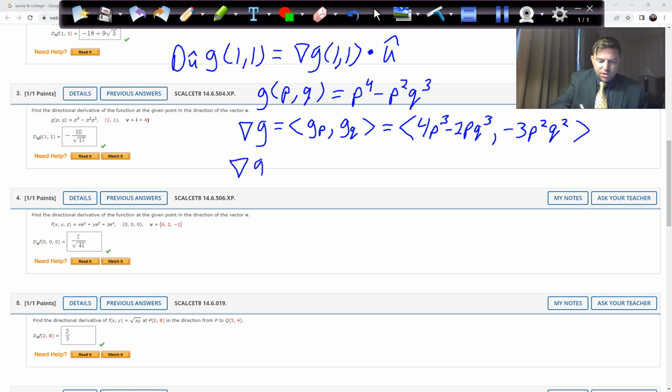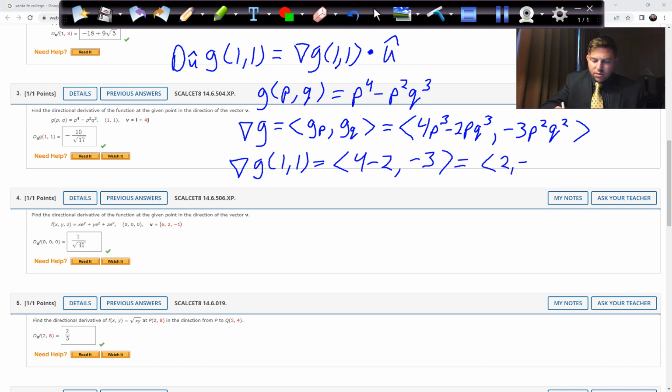So the gradient of g at the point (1, 1) would be, p's and q's are all 1. So they gave us a nice number here. With 1s, all p's and q's are just going to go away basically. So it's just going to be 4 minus 2 and negative 3, which is just 2, negative 3. And we're going to dot that with the u vector, but the u vector they didn't give to us. We have to find it.